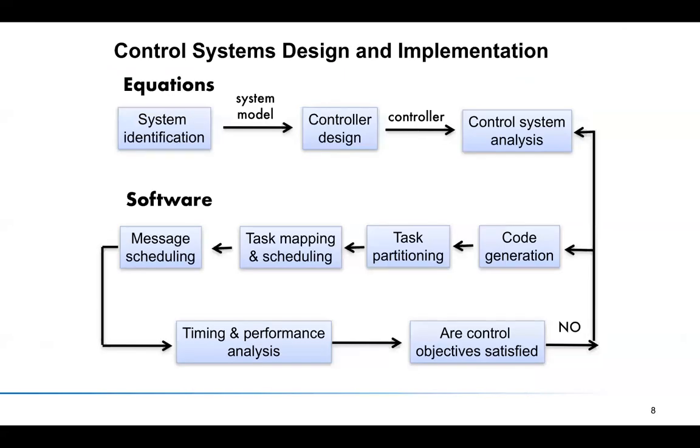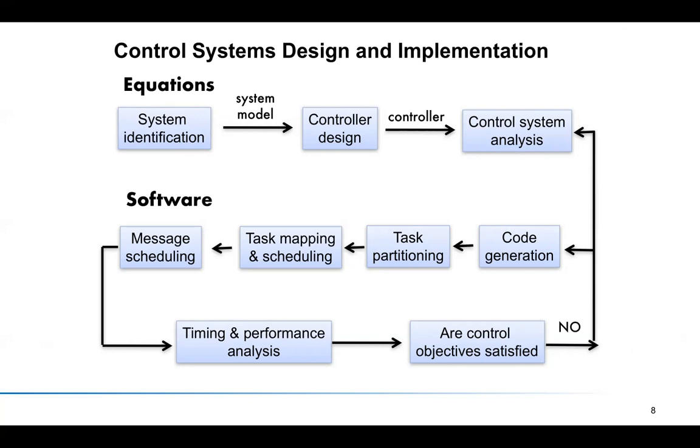Now, if you look at the design of the control system, on the top, what you have is the design of the controller, which is things like system identification, controller design, and analysis. But then what runs on the embedded platform is not the mathematical laws of control, but rather a software implementation of the control strategy.